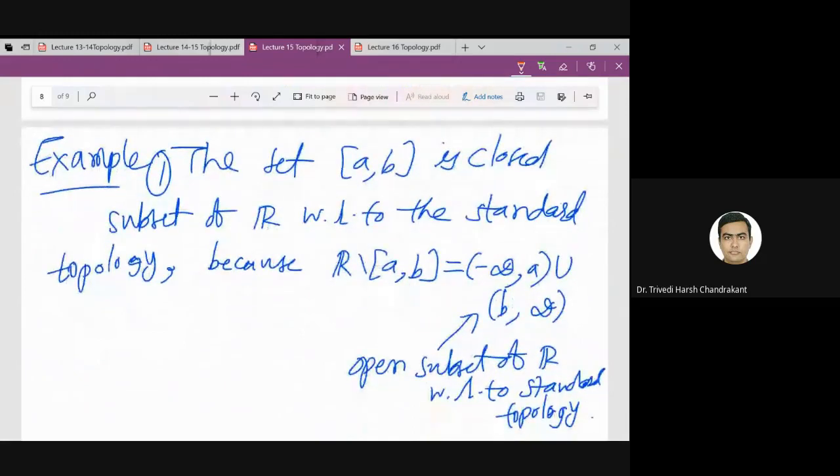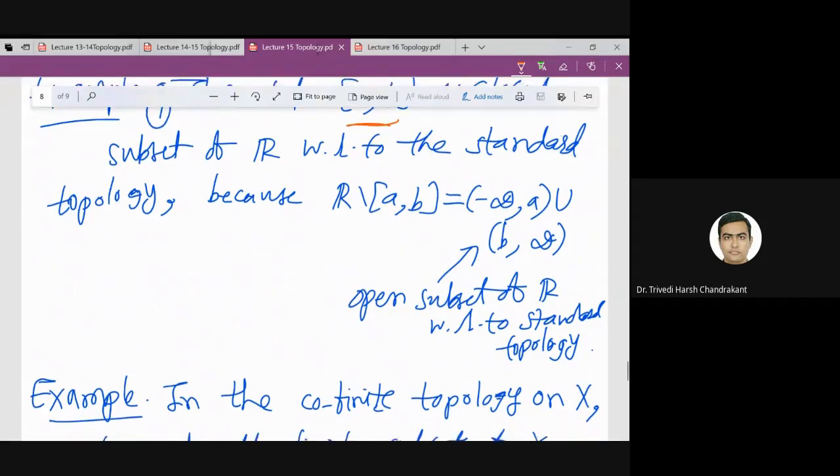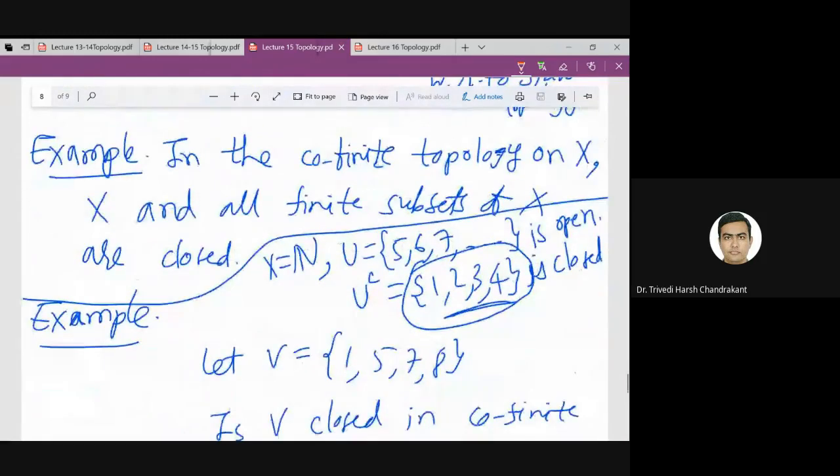Now we've seen some examples that the closed interval [a, b] is closed in the standard topology because its complement is a union of open intervals, and a union of open intervals is open. So therefore the closed interval [a, b] is a closed set in the standard topology on R. Then we discussed the cofinite topology. So what are the closed sets?